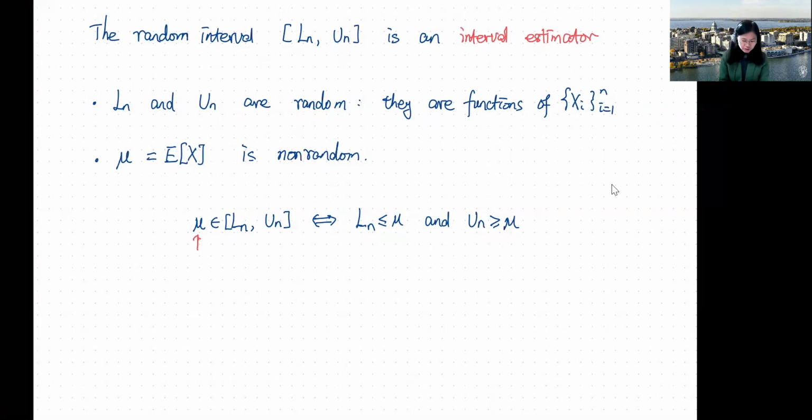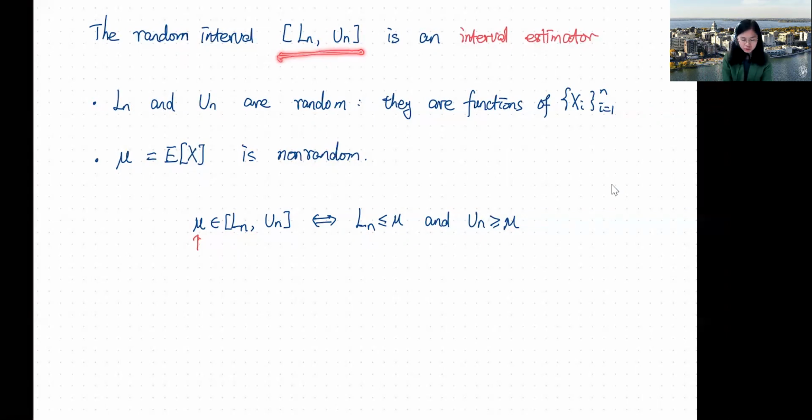So the confidence interval is an interval estimator, and it is a random interval. But that's one thing that I want to emphasize about the confidence interval. The other thing is that the random interval should have the desired confidence level. It has a confidence level attached to it.